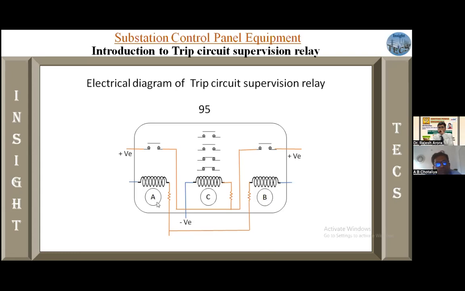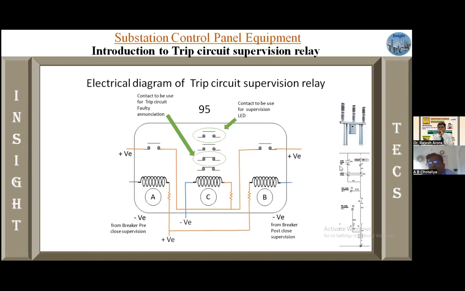How does it work? The A and B coils always get positive from the panel, and the negative comes from the breaker side. Let's see here.